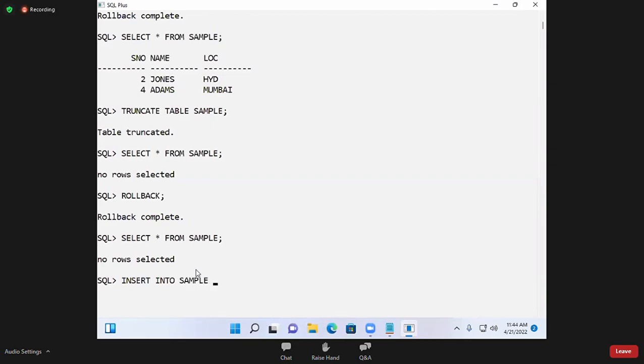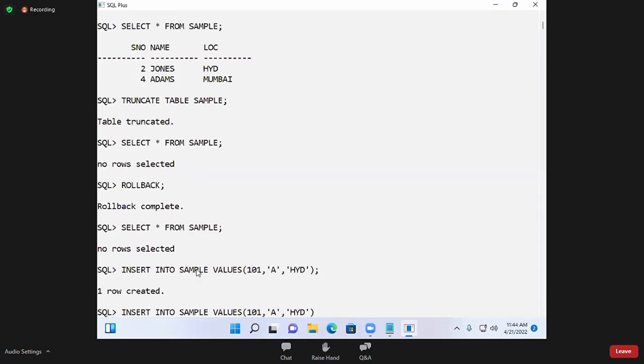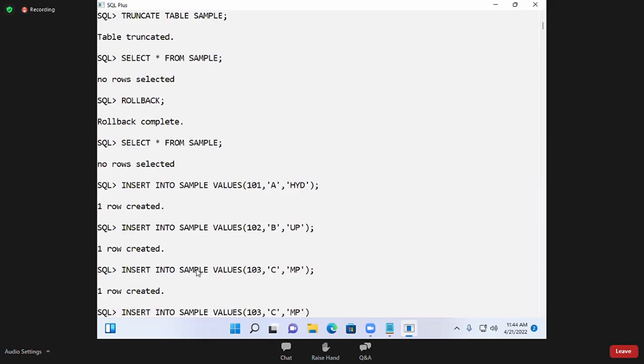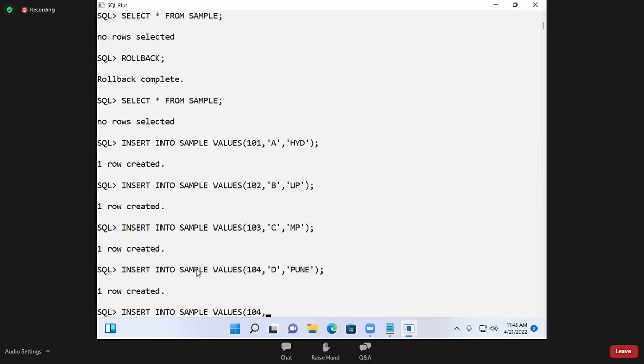Insert into sample values: serial number 101, name A, location HYD, and the second record 102, name B, location UP, and the next one 103, name C, location MP, and next 104, D, location Pune, and next 105, E, location Chennai.